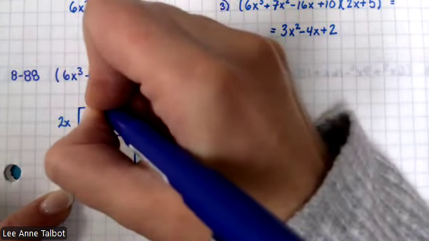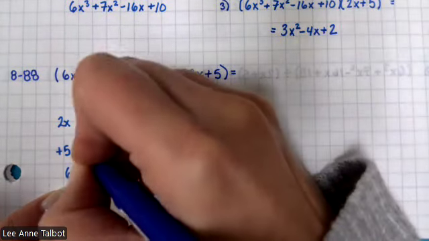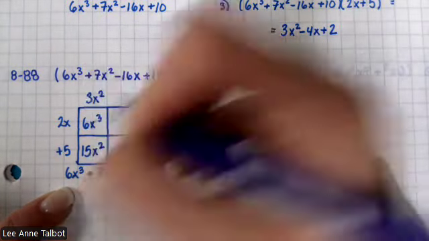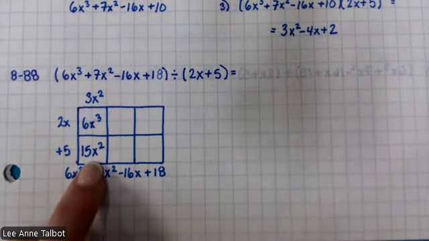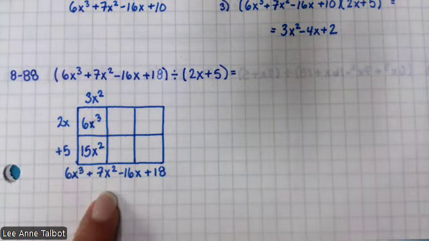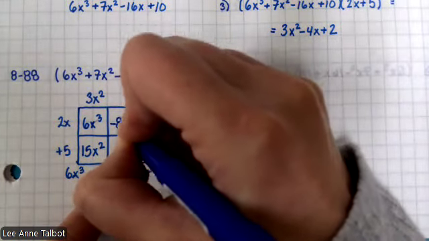This has to be 3x squared, which means this has to be 15x squared. Okay, then I say to myself, I have 15x squared tiles. I only want 7, so that means I need to take away 8x squared tiles.